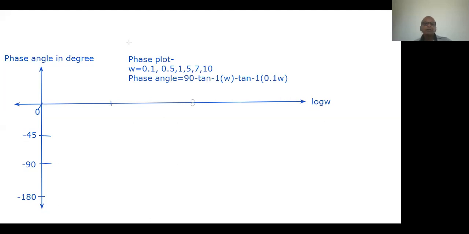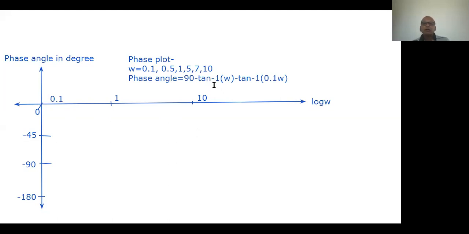Here we get the table: 0.1, then 1, then next we will get the 10. Put the value 0.1 into this, we will get the phase angle.